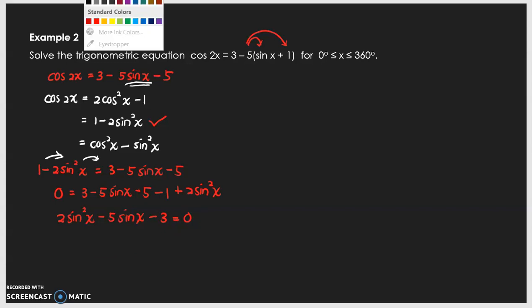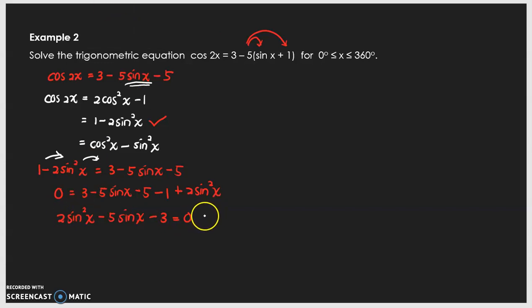At the same time, this is actually 2a squared minus 5a minus 3 equals 0. So 2a squared minus 5a minus 3 equals 0. We can use our calculator to factorize.